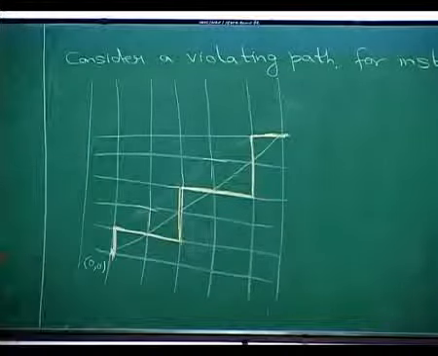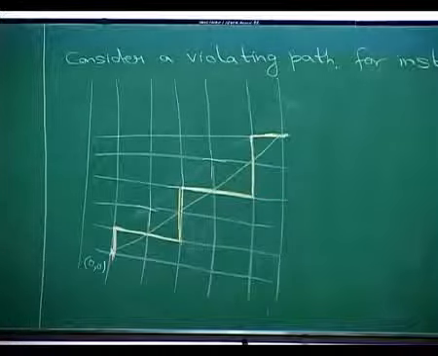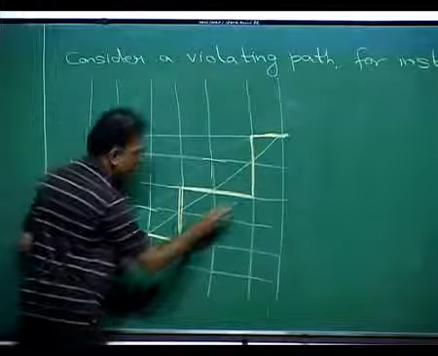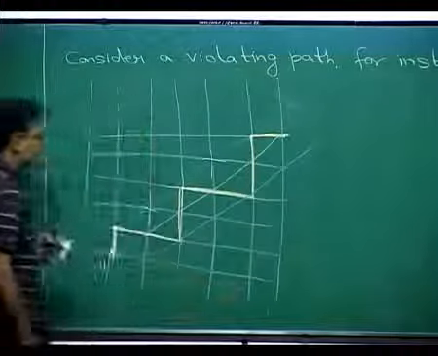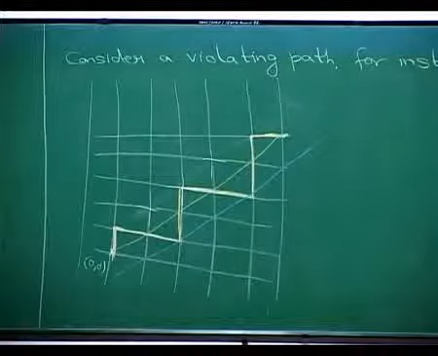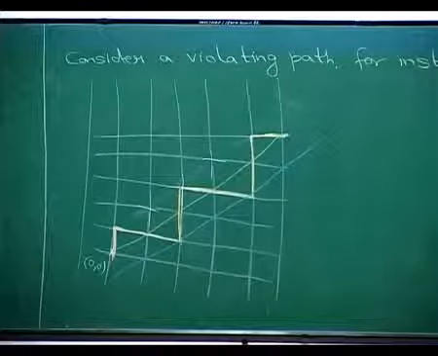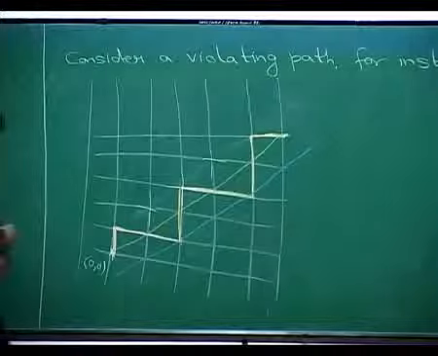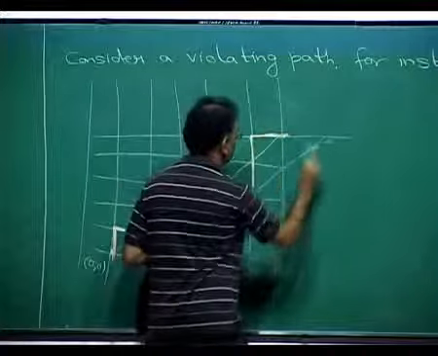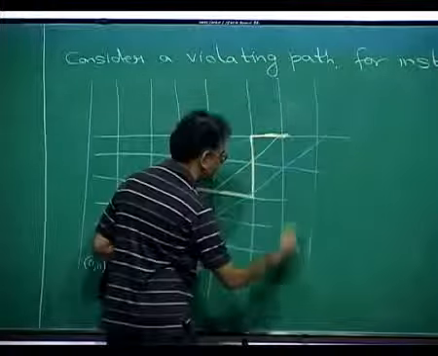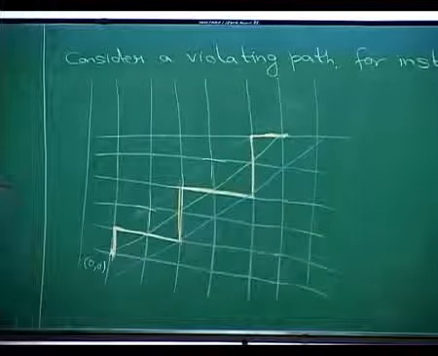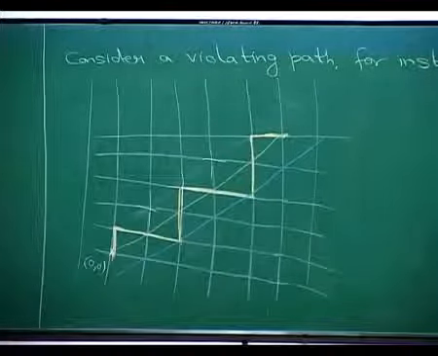And there I draw a line which is parallel to the y equals x line. Then I reflect the rest of the path around this line. Let me draw this fully because I need it. The reflection of the path I will draw in one more color.